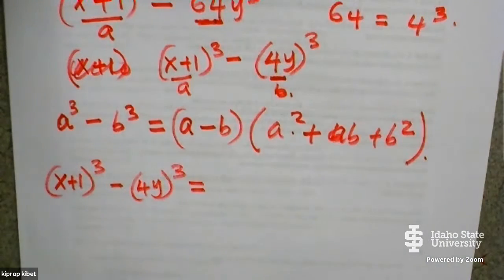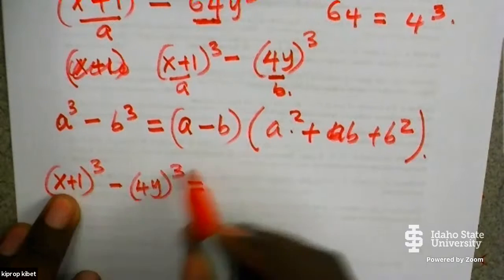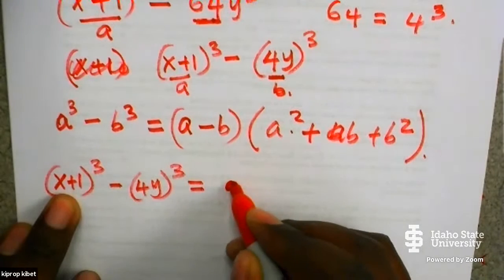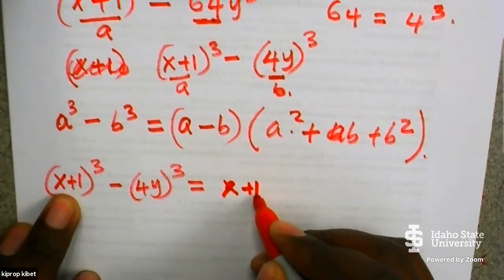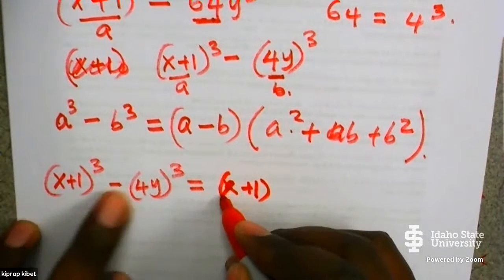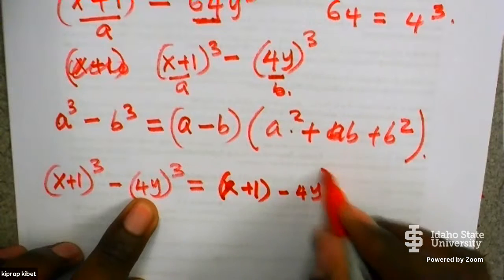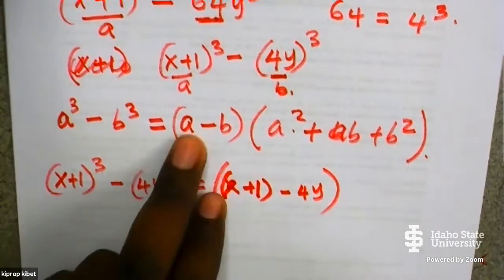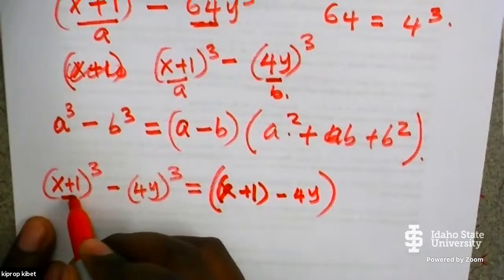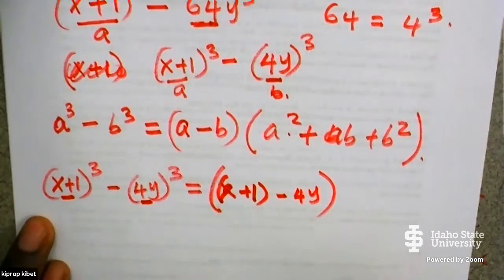a minus b, so it will be just x plus 1, right? And then b is 4y, so this is a, and this one is b.